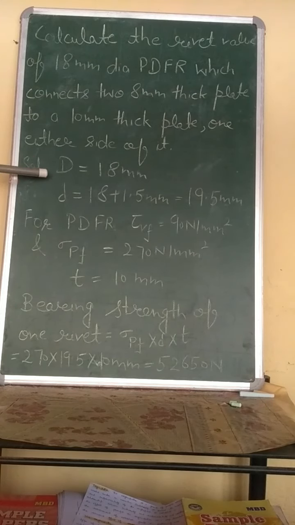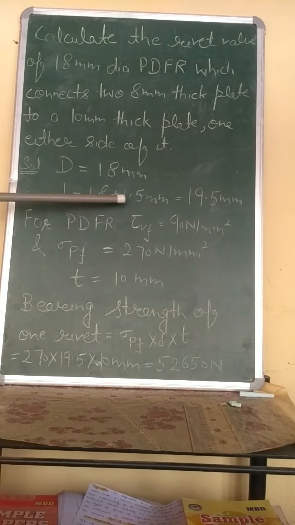What we have given in the question, D is equal to 18 mm, nominal diameter is 18 mm. We have to calculate the value of gross diameter. For up to 25 mm nominal diameter, we have to add 1.5 mm in the nominal diameter to calculate the value of gross diameter.